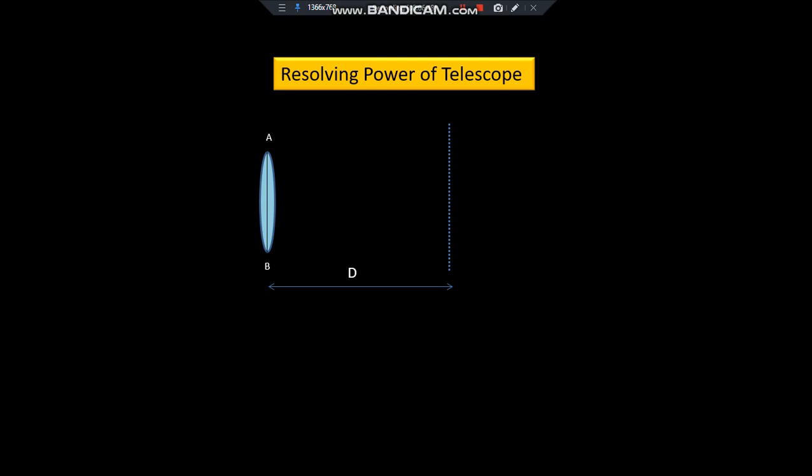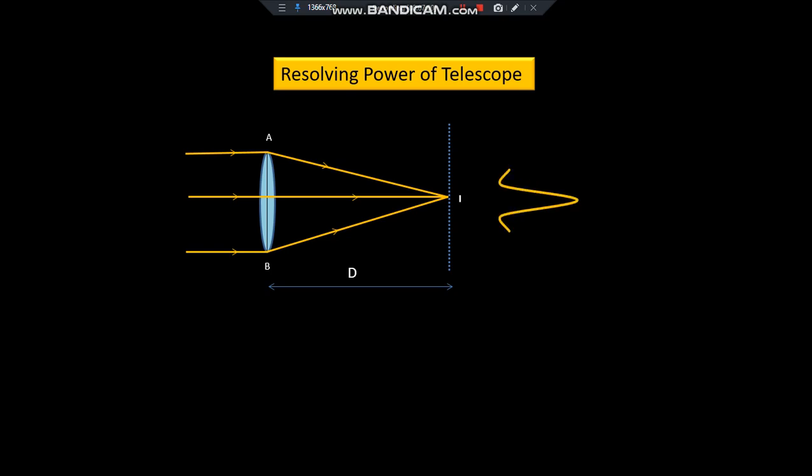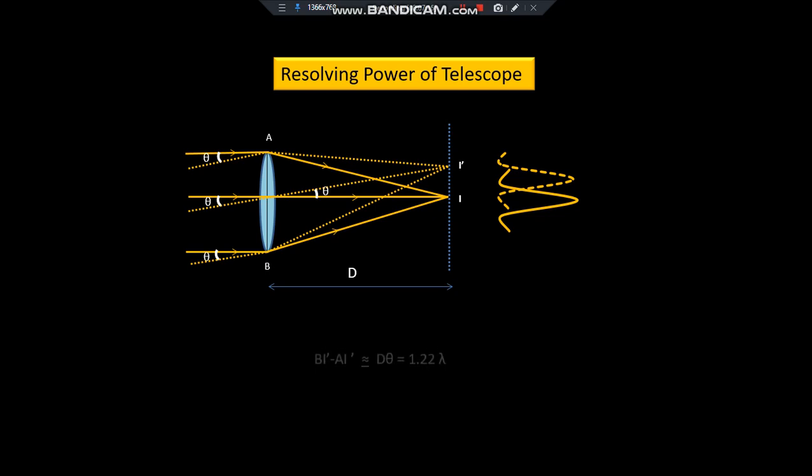We have OP, and these are the rays of light which are coming from infinity, hence they have to meet at the focus. So we have this image I, and that's the diffraction pattern. Again, we have another object, and the image is I dash, and that's the dotted diffraction pattern. The angle is theta here, hence the angle here is also theta.